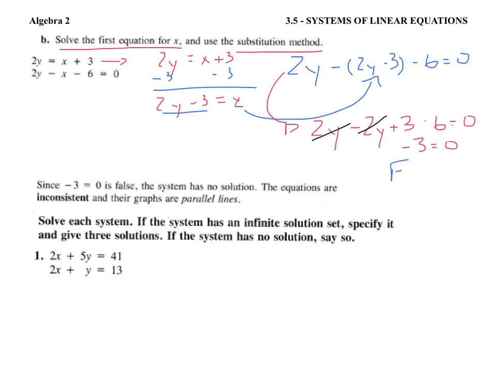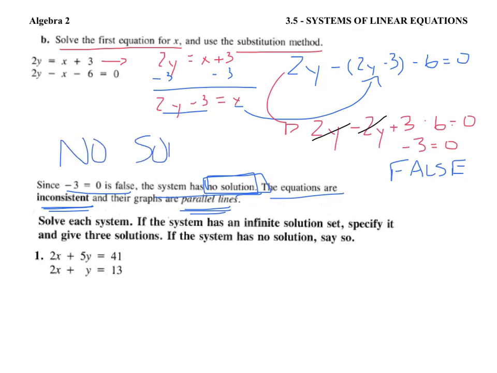This is a false statement. Okay, negative 3 equals 0 is false. That means the system has no solution. The equations are called inconsistent and they have parallel lines. Okay, so no solution would be what you would write here, and that would solve our system.